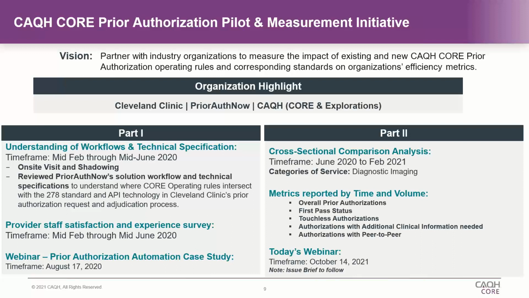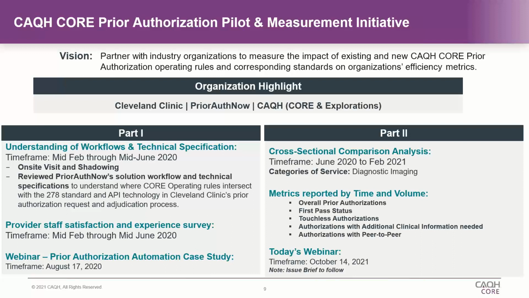Touchless authorizations, a fully automated component of PA processing. Are there instances where authorizations required additional clinical information? Yes, we'll talk about what those scenarios mean and how an automated solution directly impacts that, not only the request for the clinical information, but how the provider delivers the clinical information back to the health plan for that review.